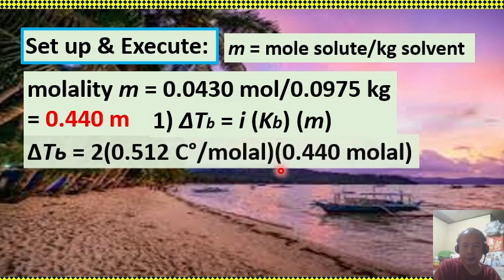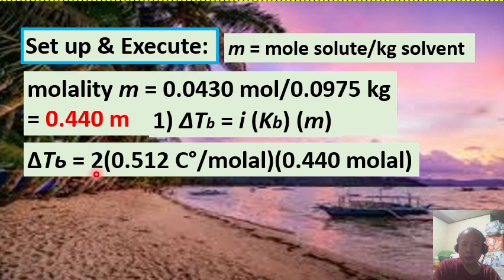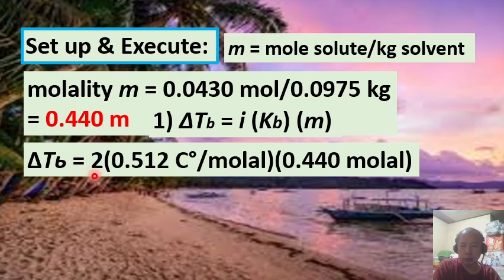That is, delta capital T sub B equals 2.